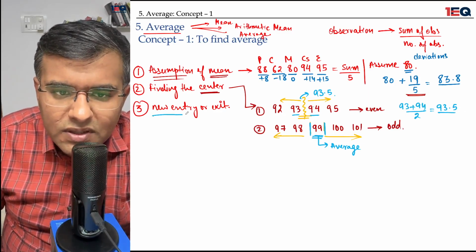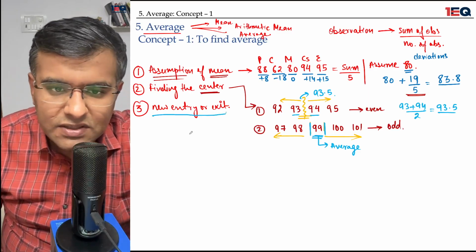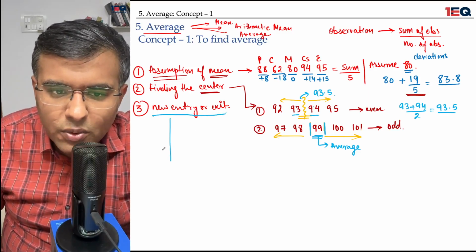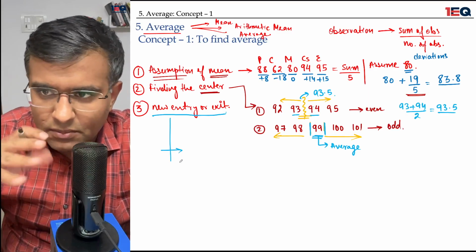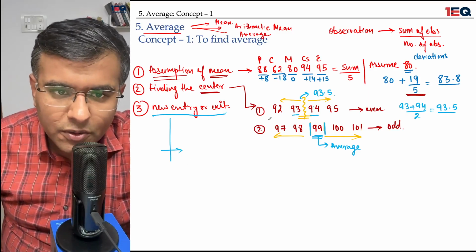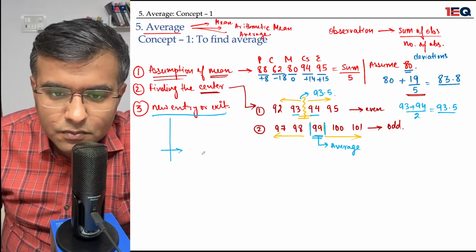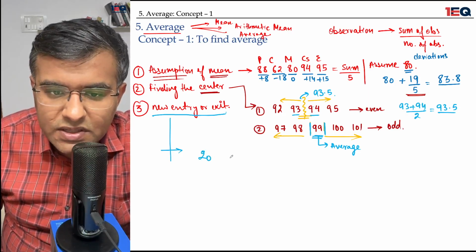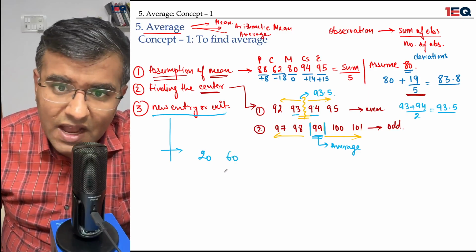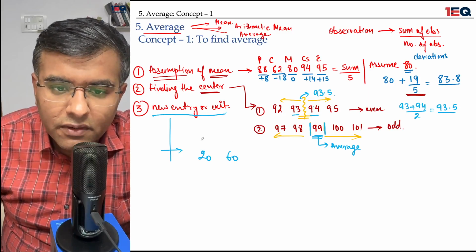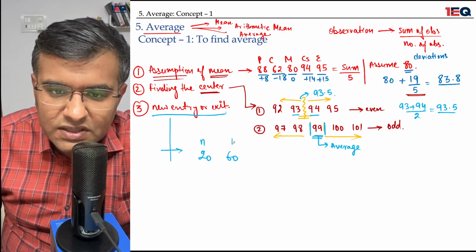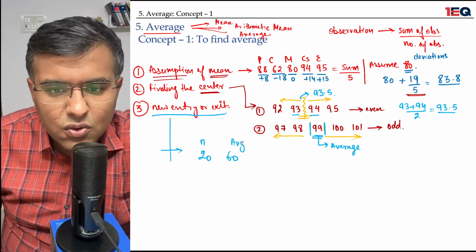And now this is a little hypothetical concept because you will find two examples of this available in the entire chapter that I'm going to teach. Let's assume that there were 20 students and all of them scored 60 marks as an average. This is the number of students, and this is the average score that they got.